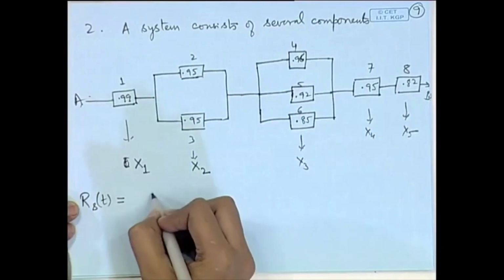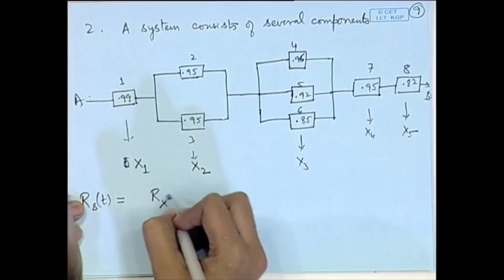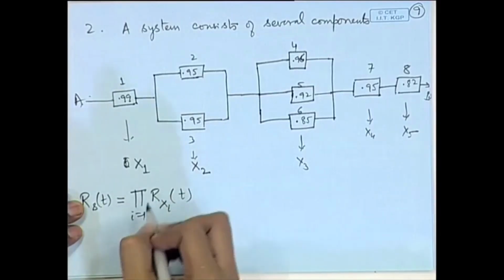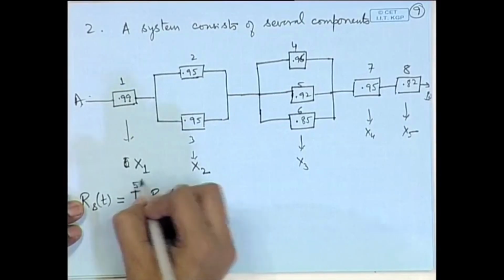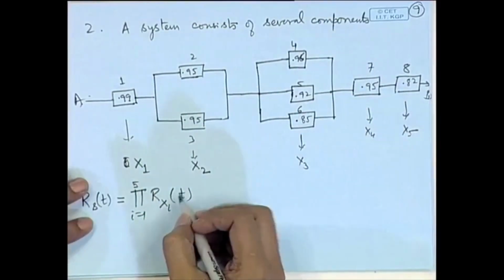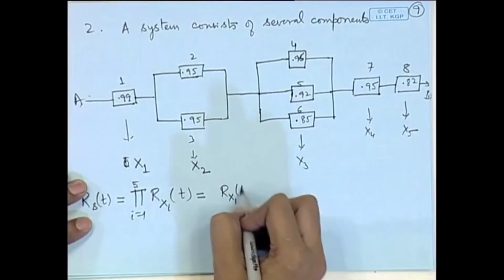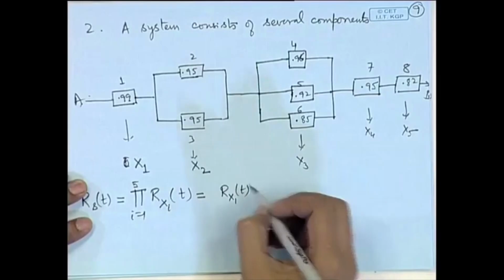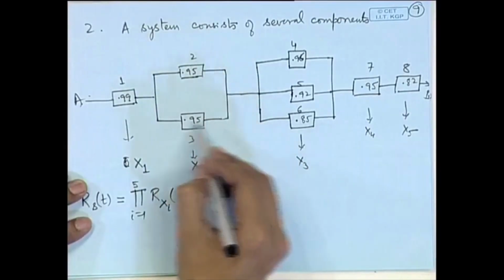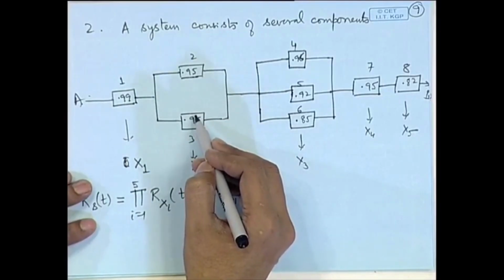So, it will be the reliability of the X_i-th system, i equal to 1 to 5, connected in series. So, this one will become equal to R_X1(t). Now, R_X2(t) is again a compound system, it consists of two parts connected in parallel.